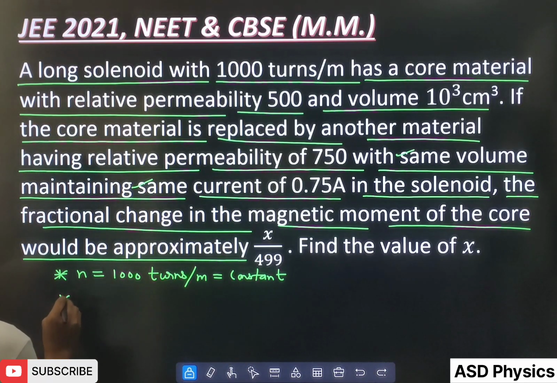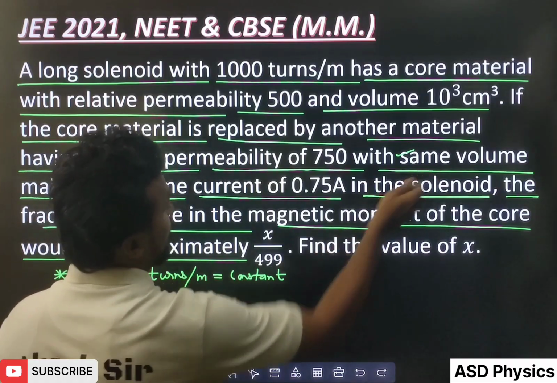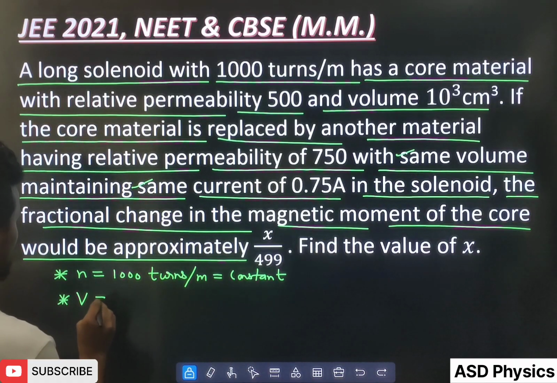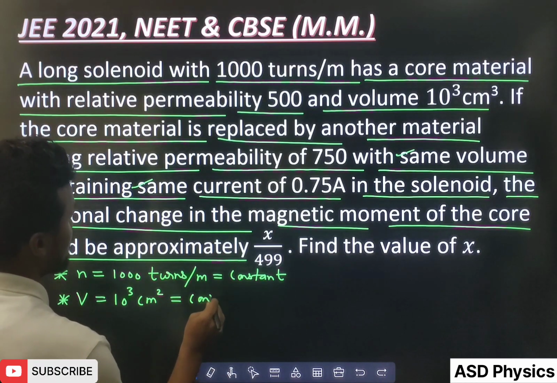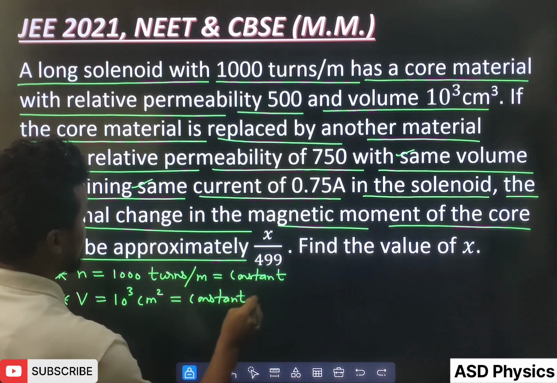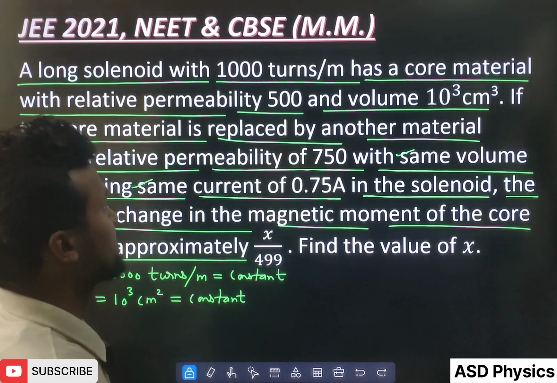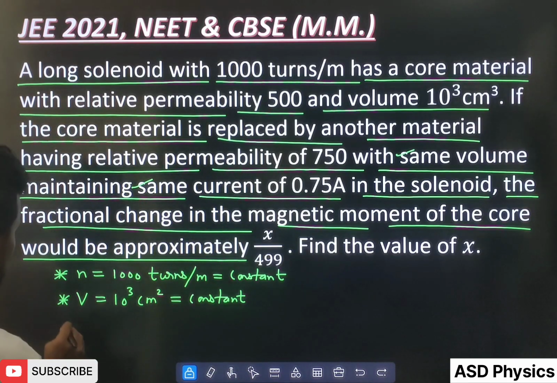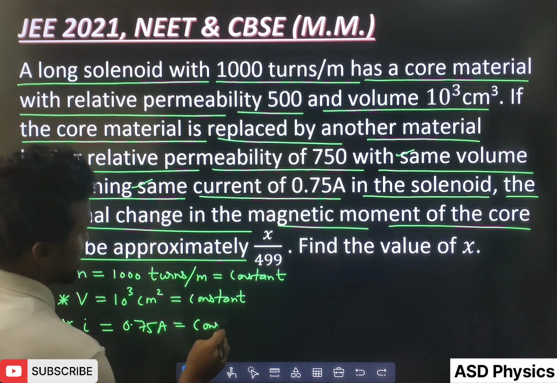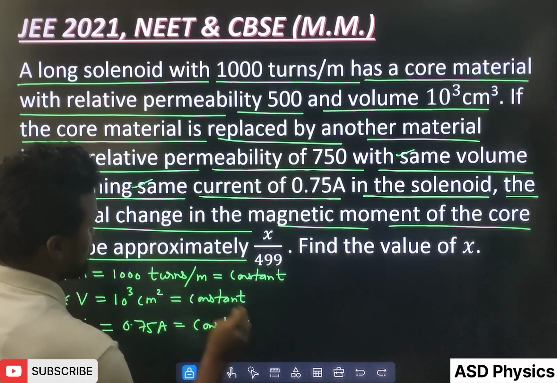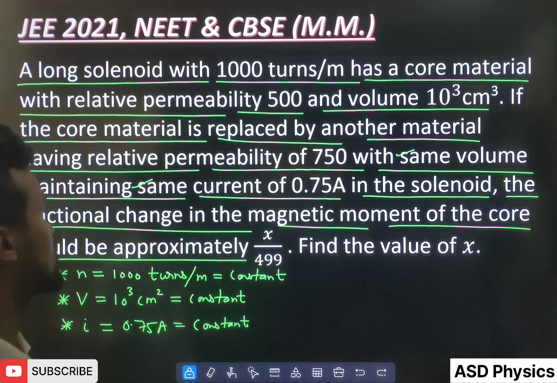The volume is also constant, given here as 10 to the power 3 centimeter cube. Volume is not changing in the second situation. The current given here is 0.75 ampere, and that is also constant. In the second situation also we are using the same.